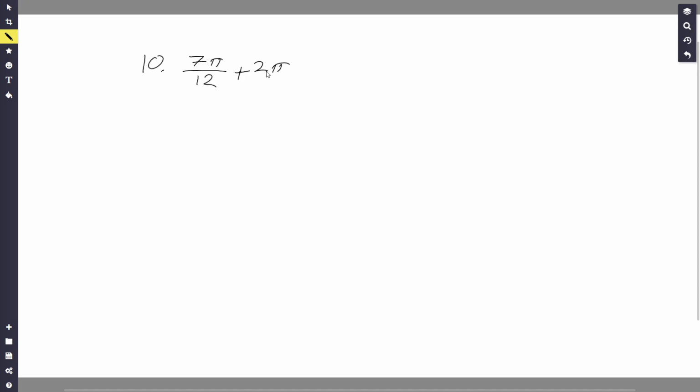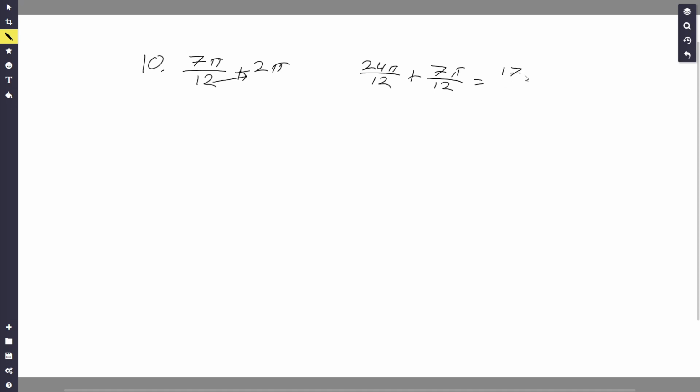Add 2 pi. Something that I really like to do is just take 12 multiplied by 2, and you get 24 pi over 12. And that's pretty easy to do. And then just add 7 pi over 12, and you'll get, what is that?